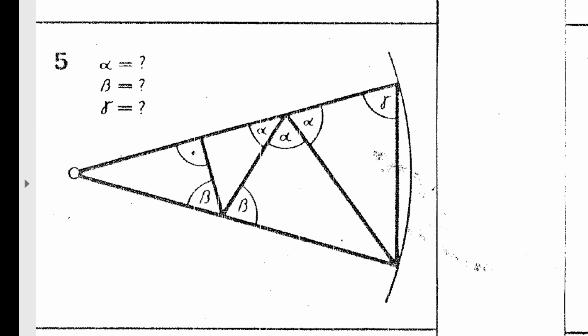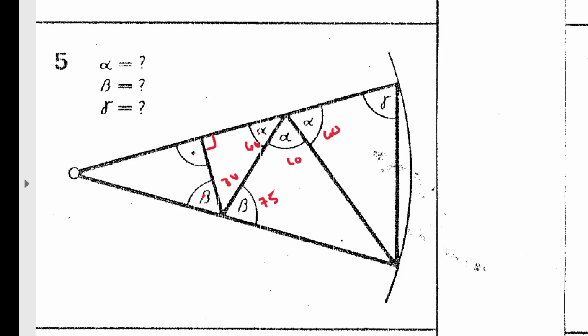Okay, on to number 5. Number 5 here, this is a right angle. These are all the same, which makes these each 60. If I focus on this triangle right here, this becomes 30. And then these two angles have to add up with the 30 to 180.